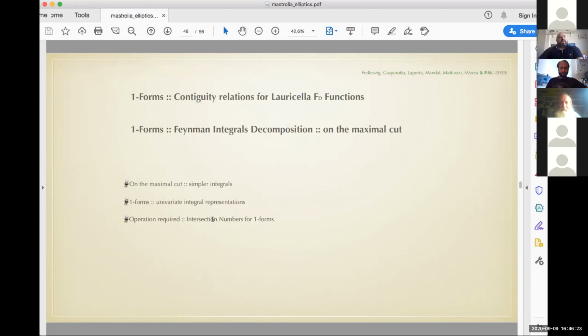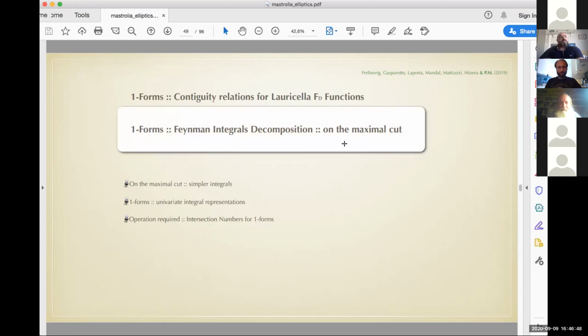So in our first work, we applied the intersection number for one-forms to build a contiguity relation for a generic class of Lauricella functions, and to Feynman integral decomposition on the maximal cut, suitably chosen to have a univariate representation.